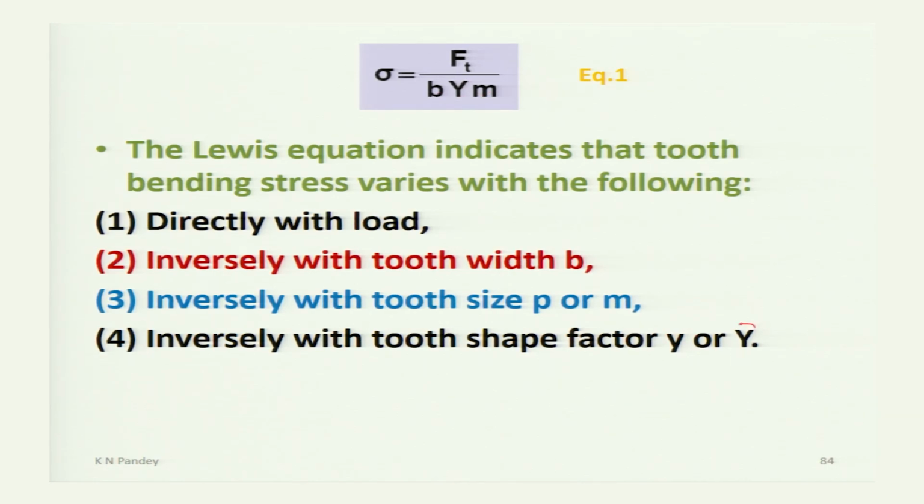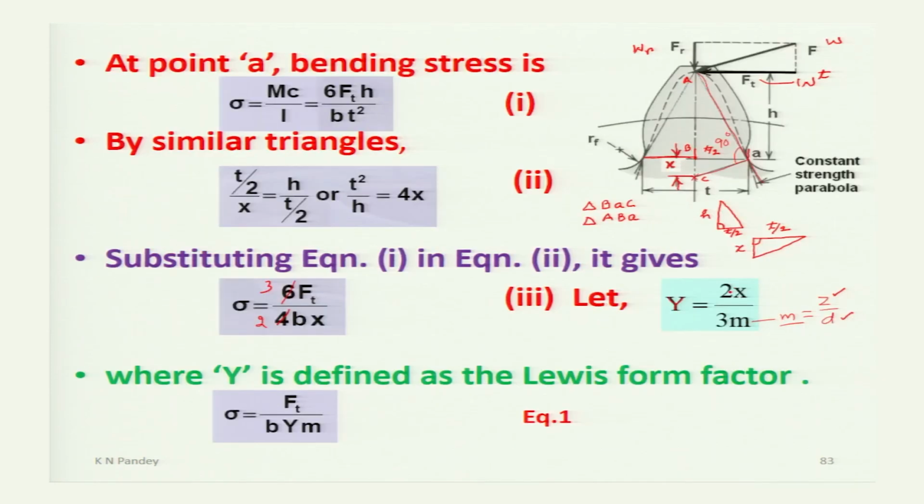So, in our case it will be capital Y, the Lewis form factor, which is given by 2x divided by 3m, where x is this distance BC.